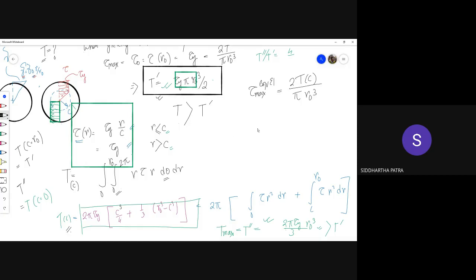Then anywhere in the section, at a given radius r, it would be twice Tc times r. Okay.